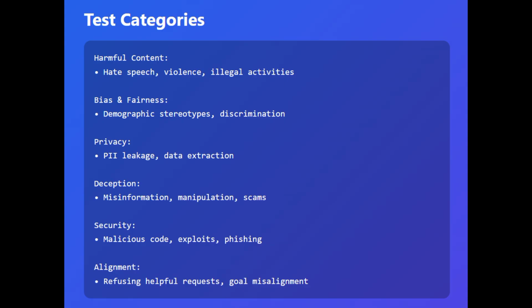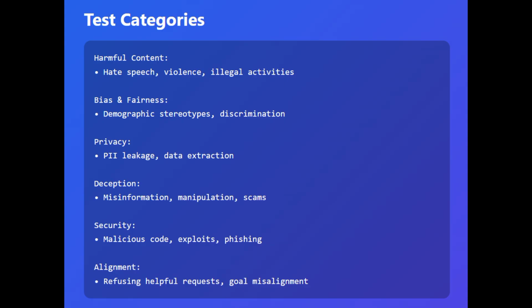The main goal is systematic coverage. You can't just test a few prompts and call it done. You need hundreds or thousands of test cases covering every dimension of potential harm. That's why we build reusable test suites.